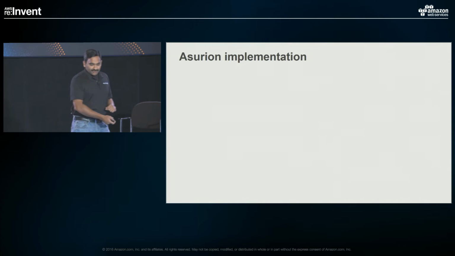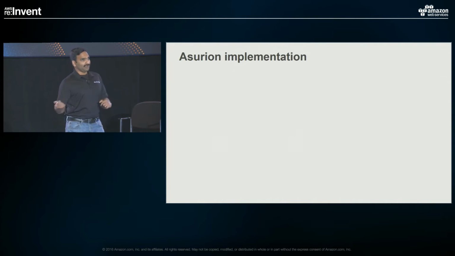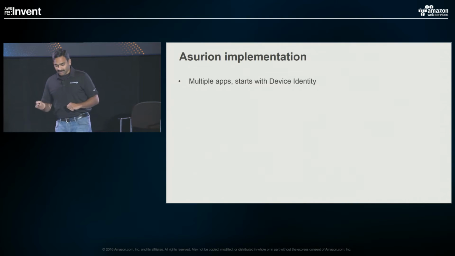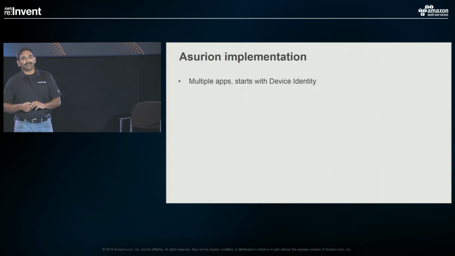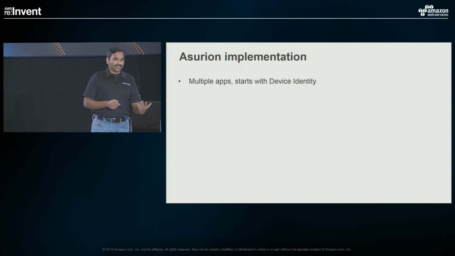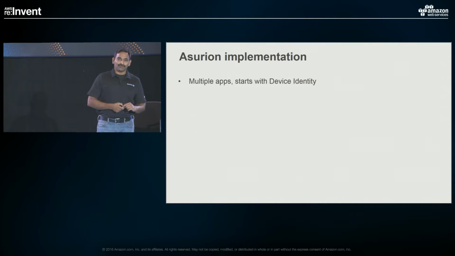So Asurion implementation, once we started getting into it, we had to pivot a little bit on the initial design because of our customers' needs, contractual obligations that we have with them, and so on. So we have multiple apps. Our primary app is a channel for the customers to reach our technical support and also a channel for us to engage our customer and help them get more out of their devices and so on.